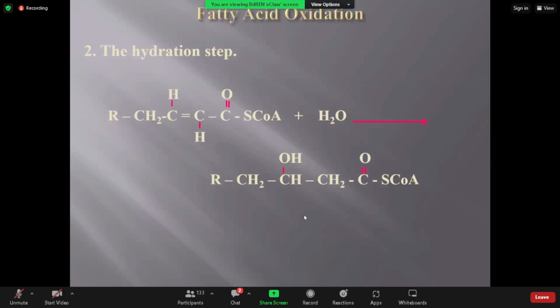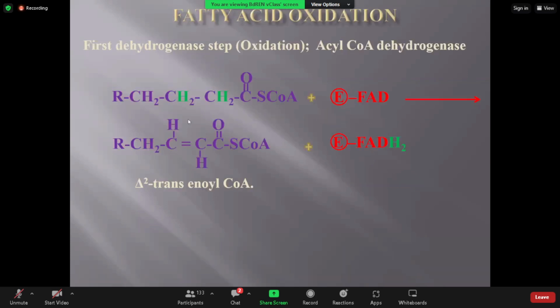Then the hydration step. In our first step, the dehydrogenation, we get one FADH2. This is a high energy reduced equivalent, and it will enter the electron transport chain to provide 2 moles of ATP. So in fatty acid oxidation, first we get 2 ATP from here.